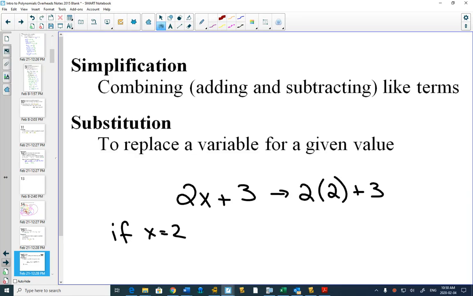And now I can do the math. Order of operations would say I should multiply first. 2 times 2, 4. And then I add 3, and I get 7. That would be substitution. We replace that variable x because we were told a given value for it of 2.